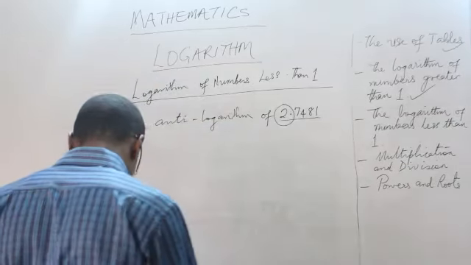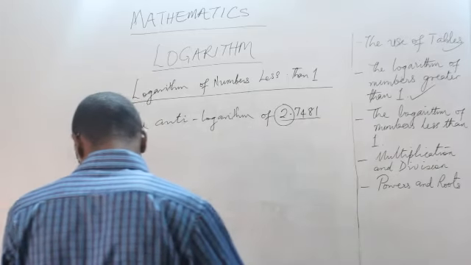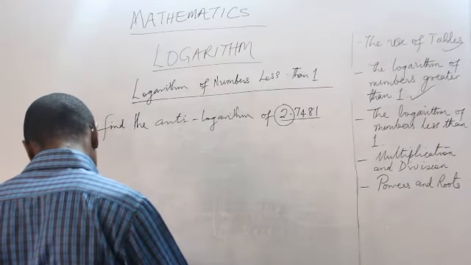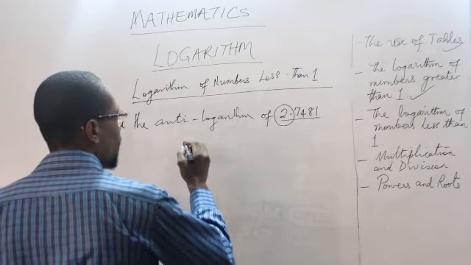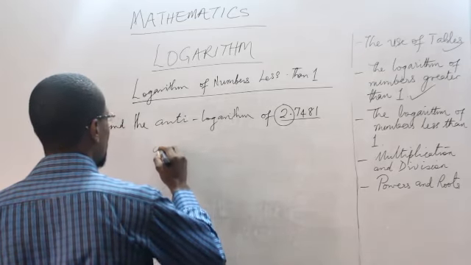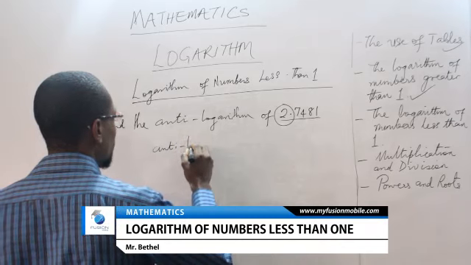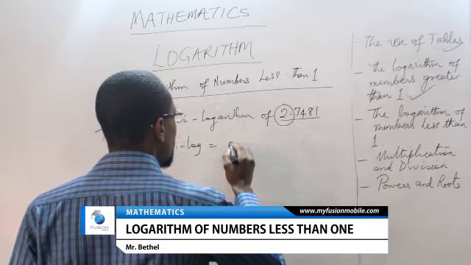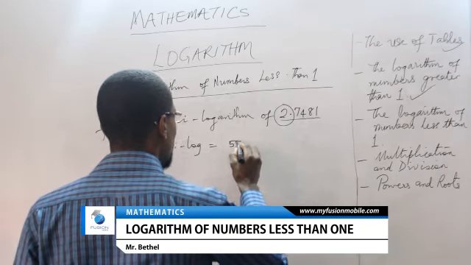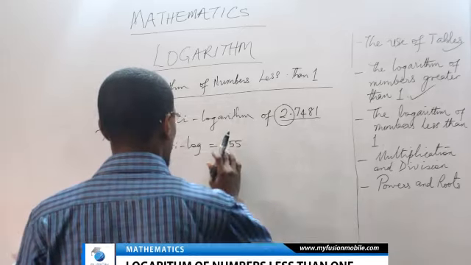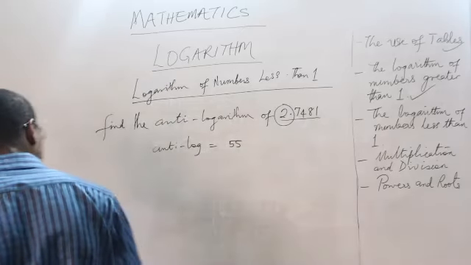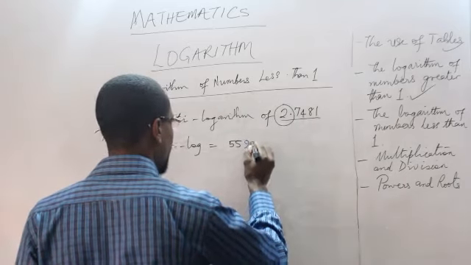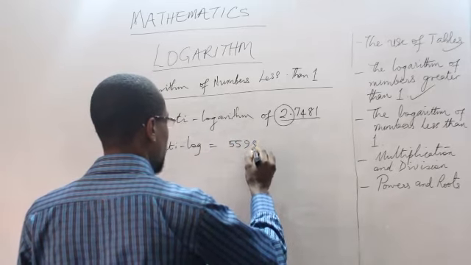From my table, the antilog of 74 under 8 is 5598.